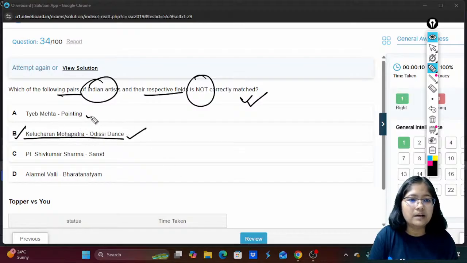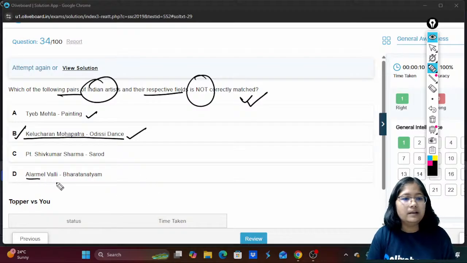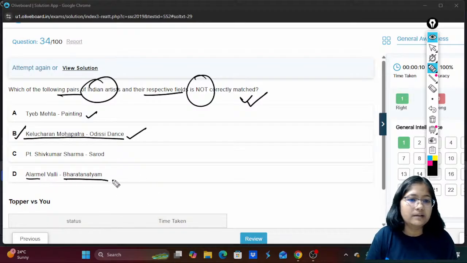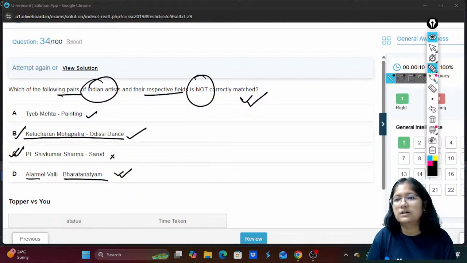Then Teb Mehta is for painting. Correct. Alarmel Valli is for Bharatanatyam. This is also correct. What is not correct is Pandit Shiv Kumar Sharma, not with Harod or Sarod. So C is the not correct option here.